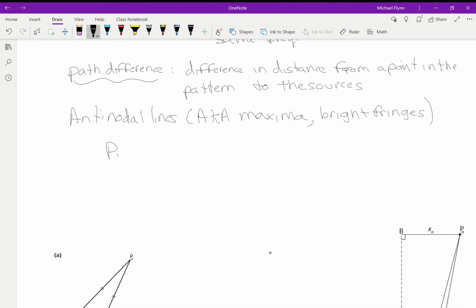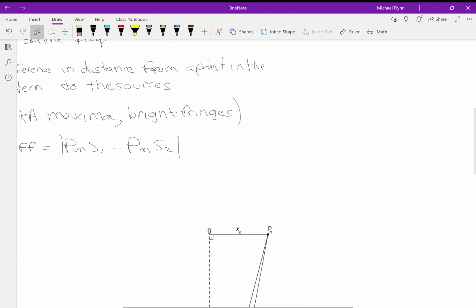The path difference on the antinodes, okay, we use PD for path difference, and that would equal PM S1 minus PM S2. And normally we put absolute value signs around this depending on which side of the center you're measuring from, okay? Now we use the letter M, and let me explain what the letter M means. M is a number starting at 0, and you just continue like this, and it represents the antinode line number.